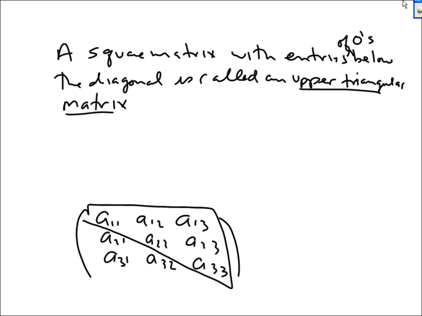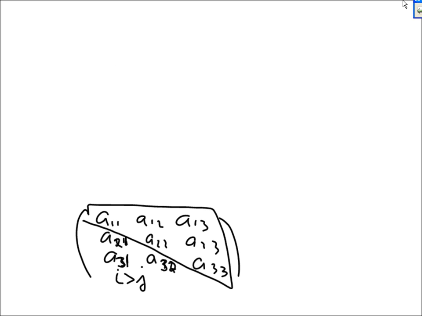What's below the diagonal has to be 0. 2, 1. 3, 1. 3, 2. Notice the i entry is always bigger than the j entry. Now, I want to show that if I add two of these matrices, I'll get an upper triangular matrix. Okay, so that's the theorem.